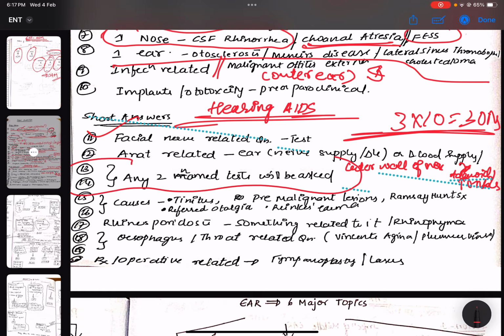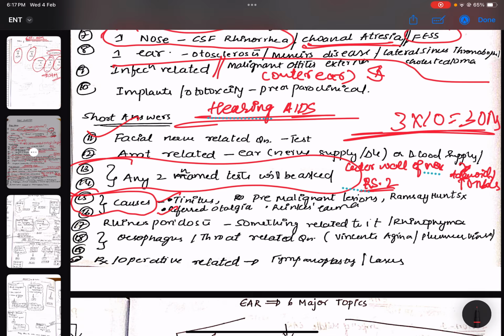And 2 questions related to named tests, for example glycerol test, though these are RS2 kind of pattern, or for example Rinne's test, Weber's test, something related to that will be asked. 2 questions from 3 marker will be something like causes of tinnitus, causes of referred otalgia, what are the 3 pre-malignant lesions, what is Ramsay Hunt syndrome, what is Reinke's edema, something like that you will get for your 3 marker.